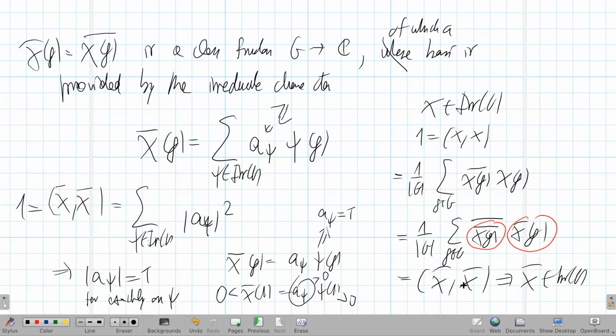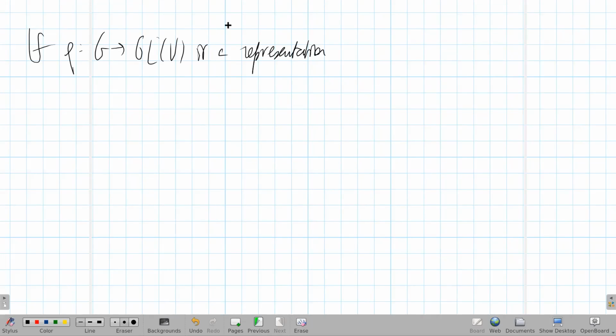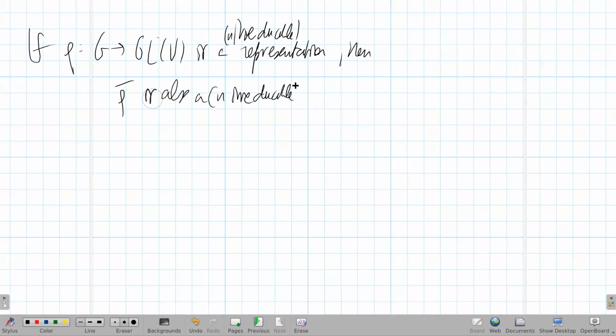Of course, I wanted to do this somewhat perverse proof going through the inner product, but you can also simply consider that if rho is a representation, possibly reducible, then the conjugate rho bar is also a representation, irreducible if rho is irreducible. I leave this as an exercise.